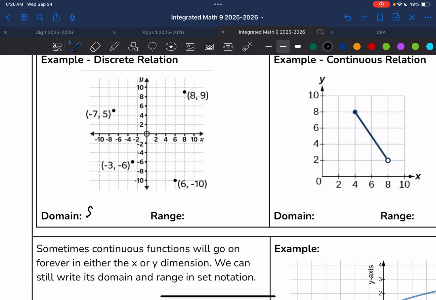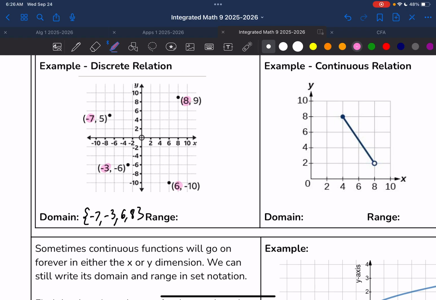So for the domain, I'm going to put the little curly brackets to tell me that this is a set that we're looking at. And it's a set that contains all of the x values for which the function is defined. So for that, I'm going to go -7, -3, 6, and 8. Right, those are all of the potential x values that this function can take on.